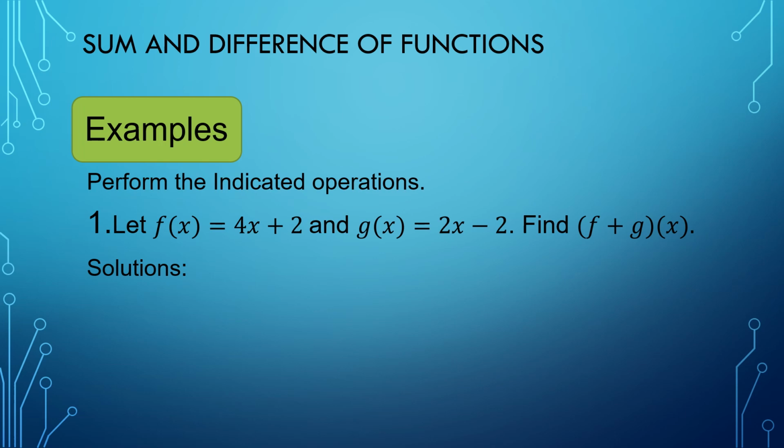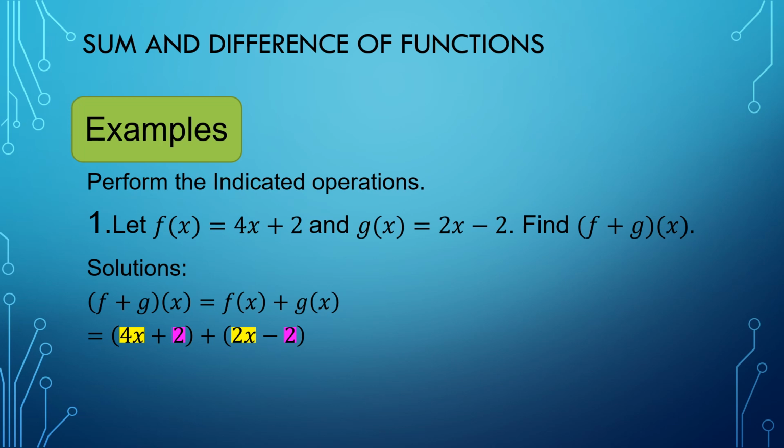Let f of x equal 4x plus 2 and g of x equal 2x minus 2. Find f plus g of x. So we have the solution. f plus g of x is equal to f of x plus g of x. That is according to the definition of the sum of functions.